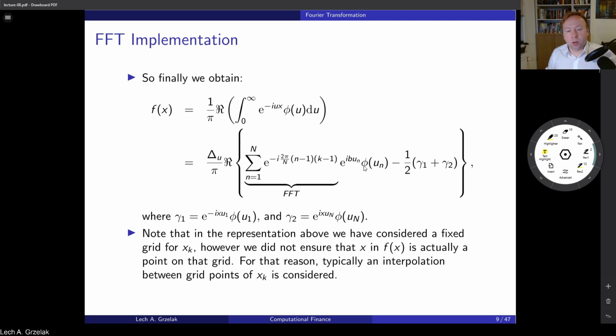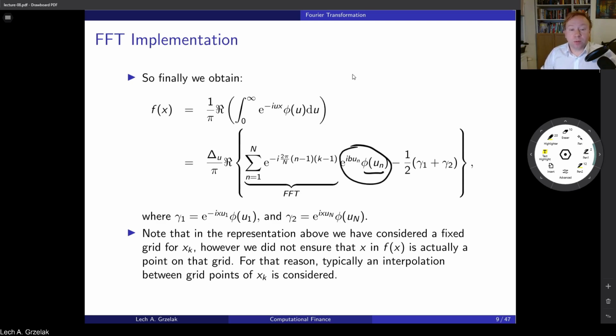Once we know the characteristic function, we can just multiply with e to the i b u n. This is just a grid that we define for our Fourier transformation. We have a b, which is the minimum x, pardon. And then we have two correction terms which also come from the characteristic function evaluated at the beginning of the grid and at the end of the grid.